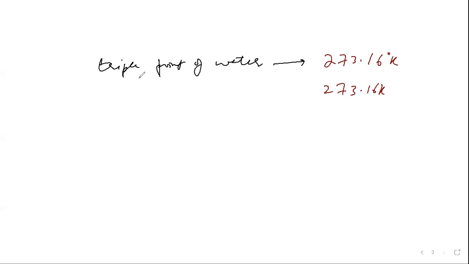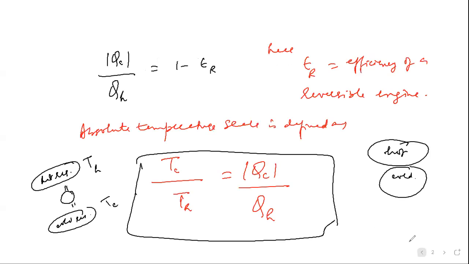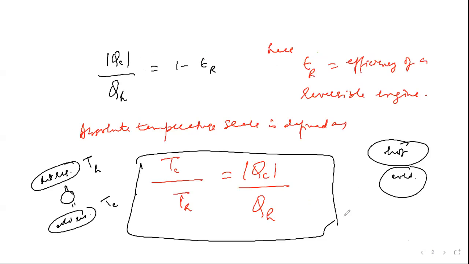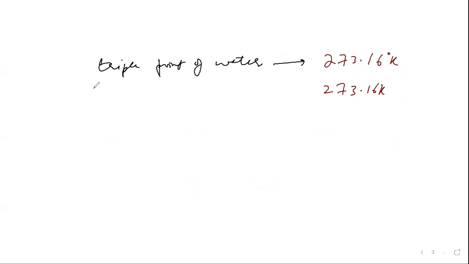So you can see now, since Qc by Qh is Tc by Th, therefore efficiency of Carnot engine or reversible engine can be written in terms of the absolute temperatures of the reservoirs.